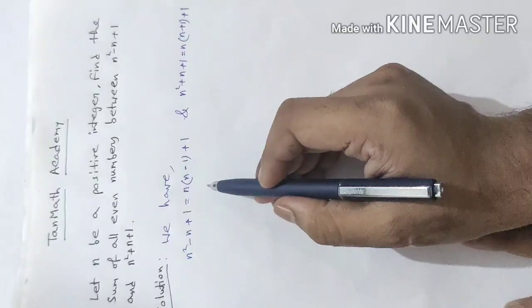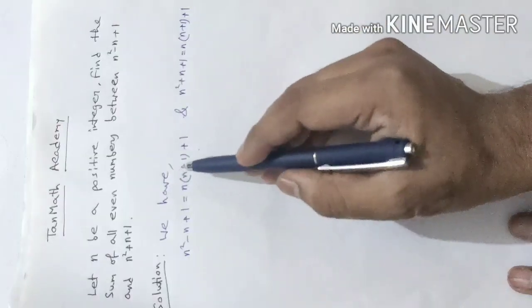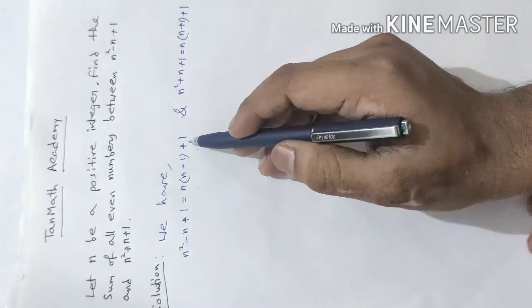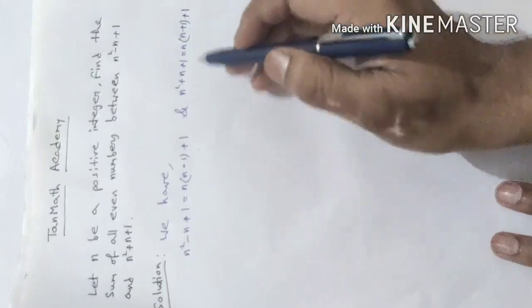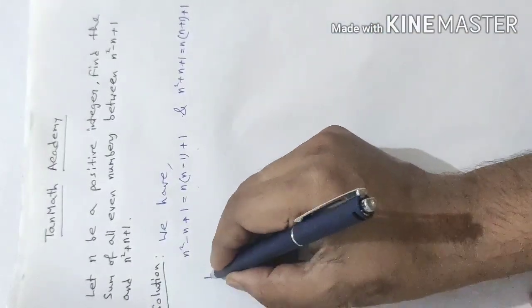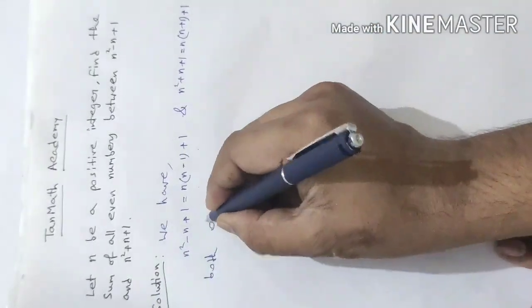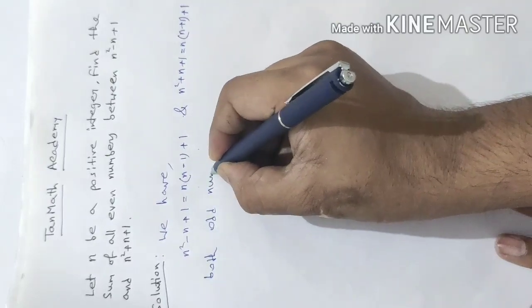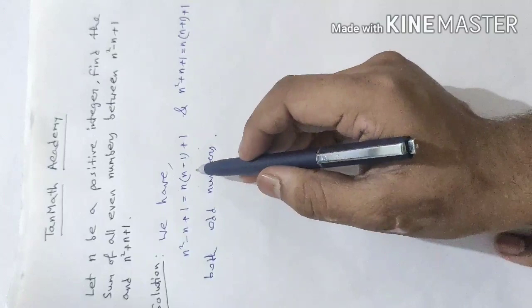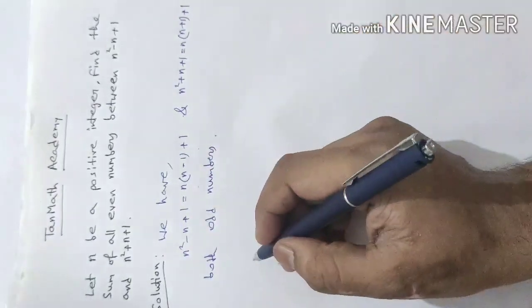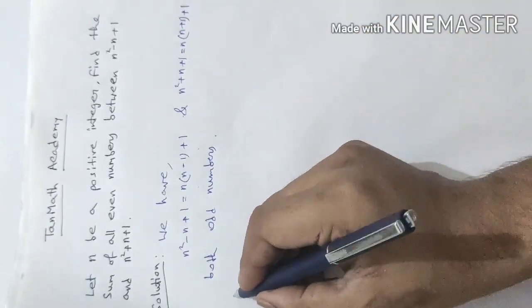So this is of the form of odd numbers. মানে পরপর যদি দুটো নাম্বার থাকে and then adding by 1, similarly this, তাহলে দুটো নাম্বার কি হলো both odd numbers. তাহলে যদি দুটো নাম্বারই odd হয় তাহলে even numbers গুলো কি হবে?